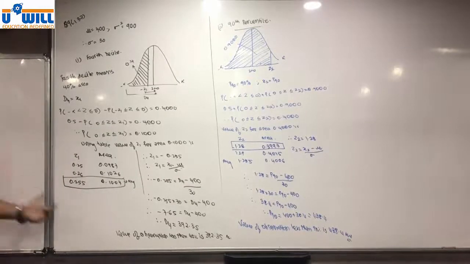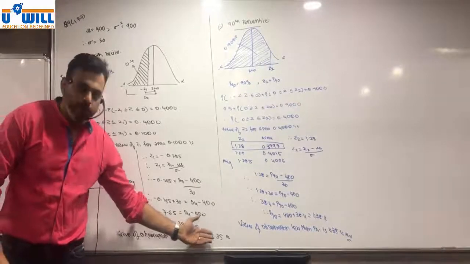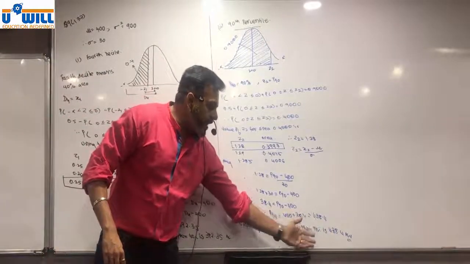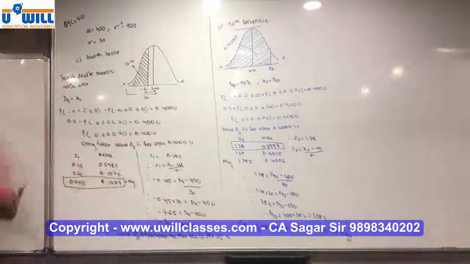Or we can also interpret that 40% of the observations are less than 392.35 and 90% of the observations are less than 438.4. You can write whatever.